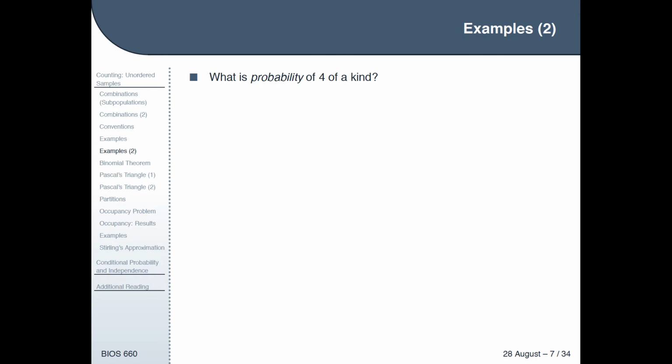So let's make this a little bit trickier. Let's say rather than the probability of getting 4 aces, let's say what's the probability of getting 4 of a kind? Well, in this case, it's going to be 48 times 13 possible ways that you can get 4 of a kind, because once again, 4 of the cards have to be the same, but they can be any card between aces to tens or jacks, queens, or kings.